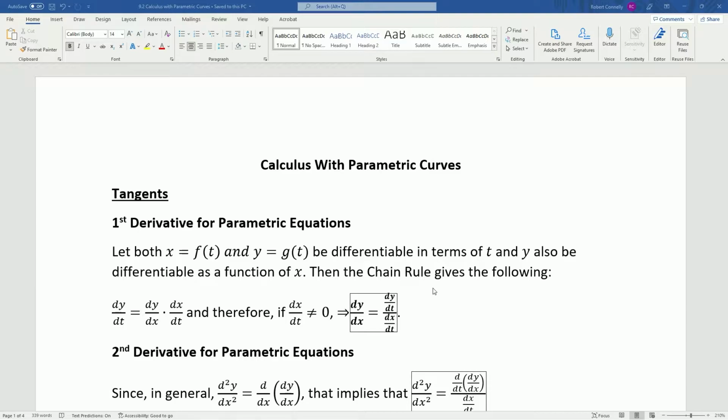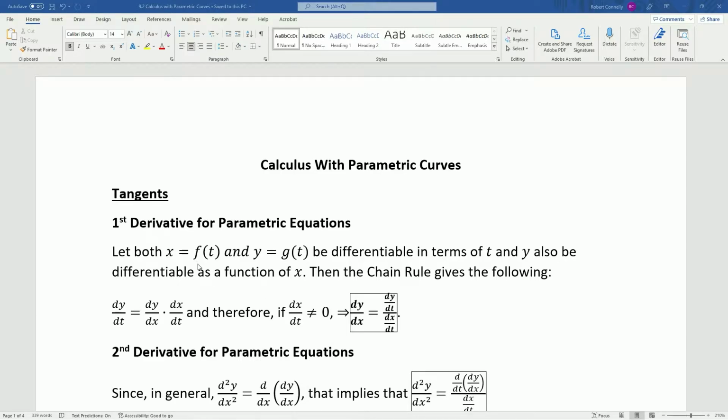Well, we need a new formula for the first derivative for parametric equations. So let both x equal f of t and y equal g of t be differentiable in terms of t, and y also is differentiable as a function of x.